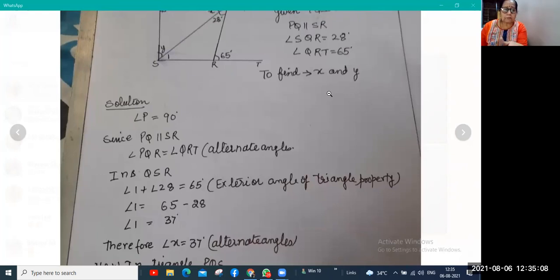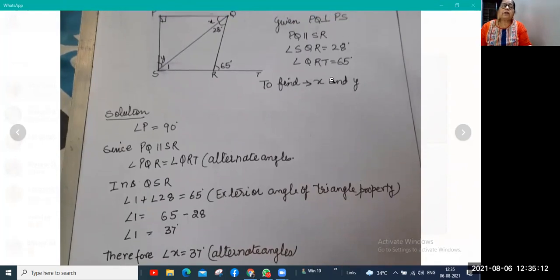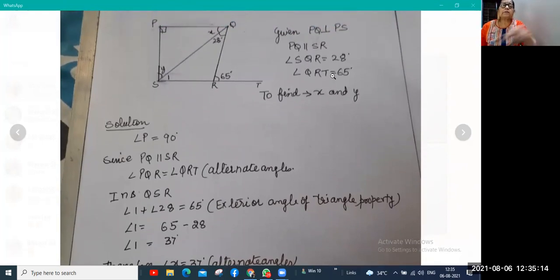Why are these two equal? Because they are alternate angles, and can any one of you tell which one is the transversal here? If PQ is parallel to SR, which one is the transversal?